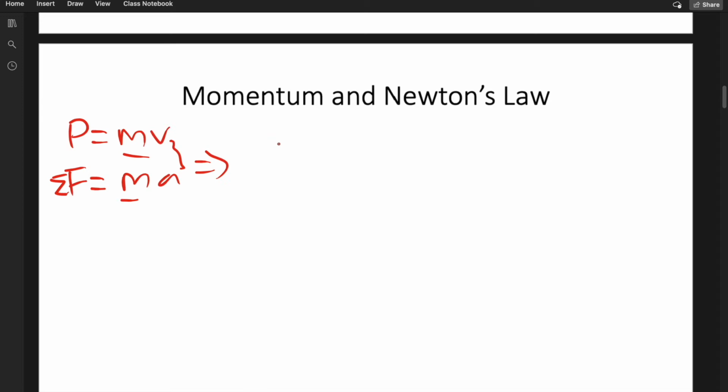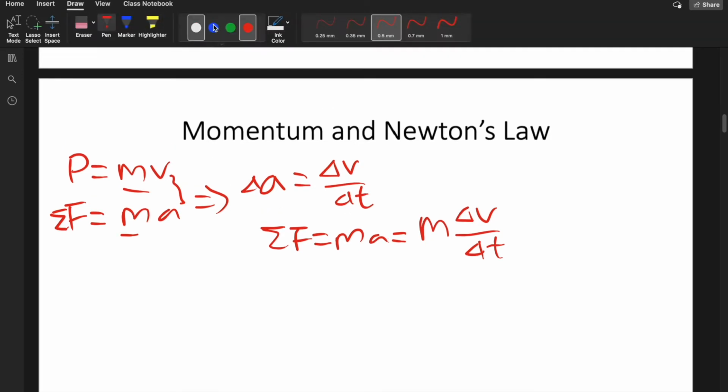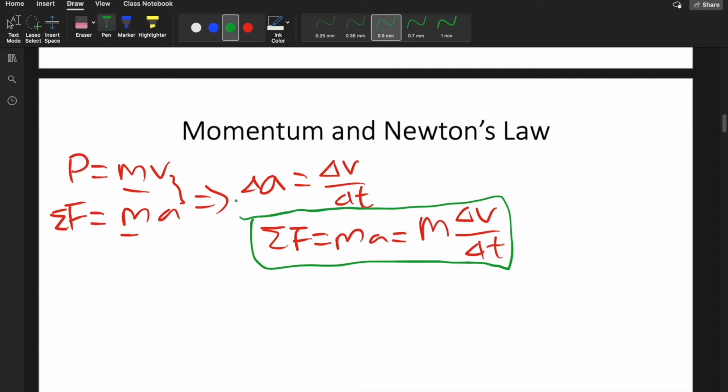But we also know that acceleration is equal to change in velocity divided by time. So F is equal to ma, which is also equal to m times change in velocity over change in time. So this is the connection between Newton's second law and momentum.